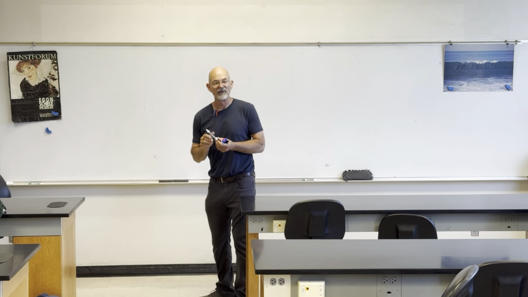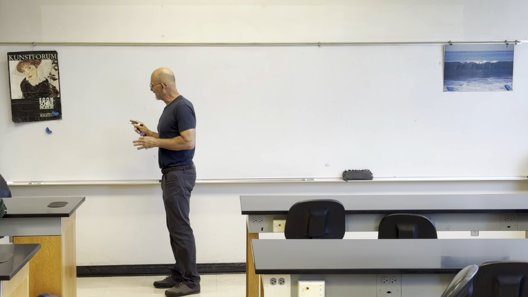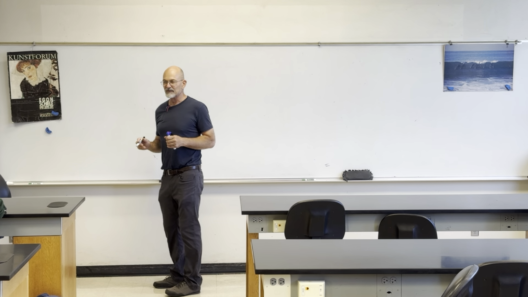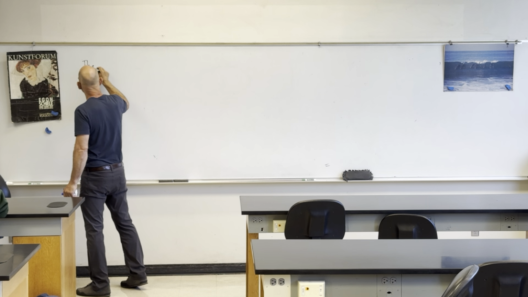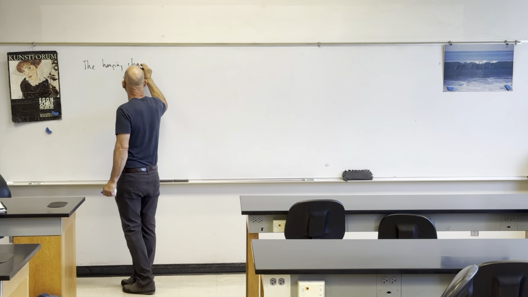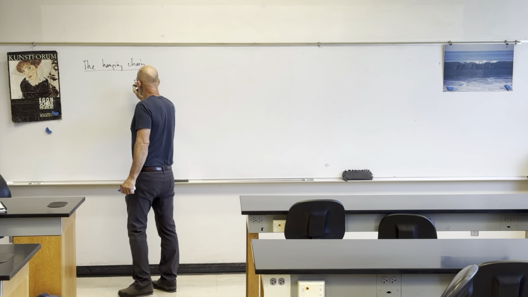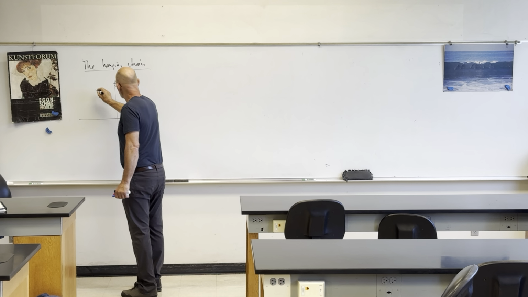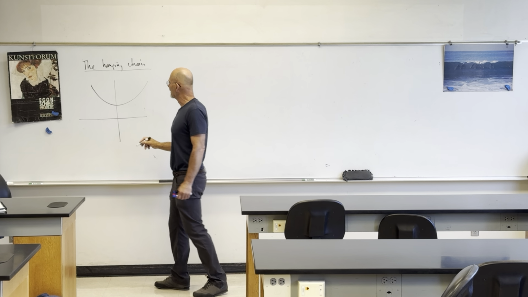But this is going to actually be our segue from math and geometry into physics. So, the hanging chain. The idea is we're going to do a double version of this, but the idea is we hang a chain and it assumes this nice symmetrical shape.